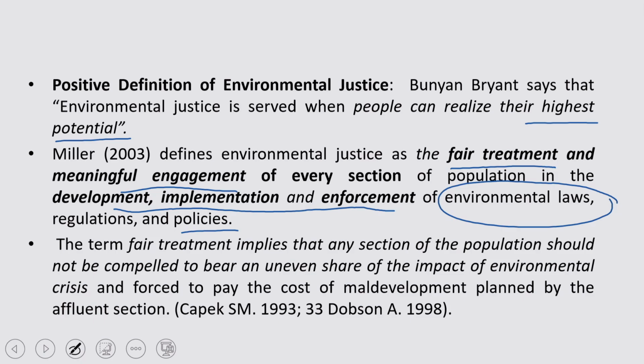At the same time, there should be meaningful engagement of every section of population in the matter of development, implementation, and enforcement of environmental laws. So it demands that there should be fair treatment and the laws, the regulations, the policy should be inclusive.